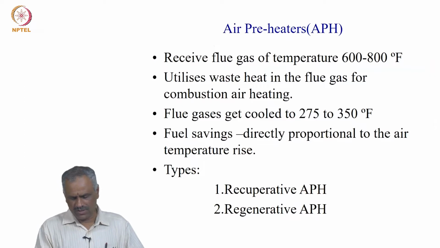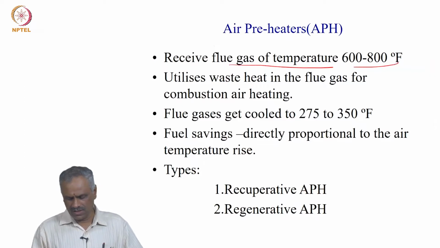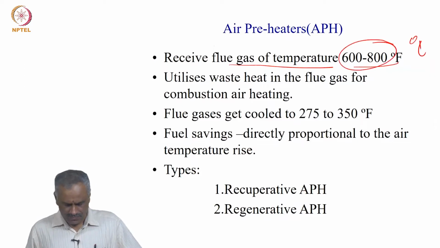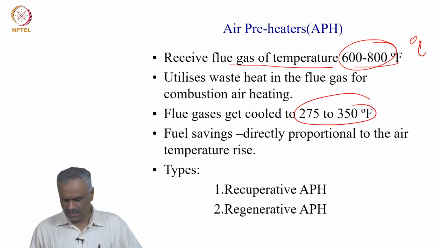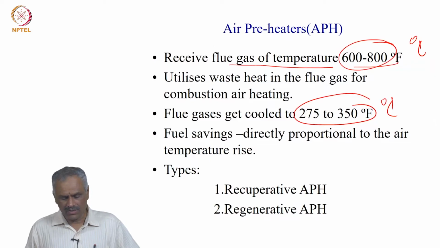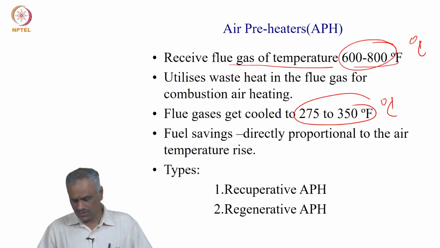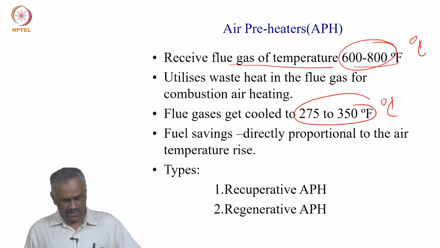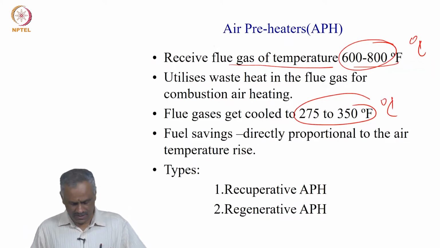So, it receives temperature in the range of 600 to 800 Fahrenheit. You can convert this into degrees Celsius. I have given this deliberately here, convert into degrees Celsius. So, this air preheater is an important device. Why? Because the flue gas temperature should not be less than the acid dew point temperature.